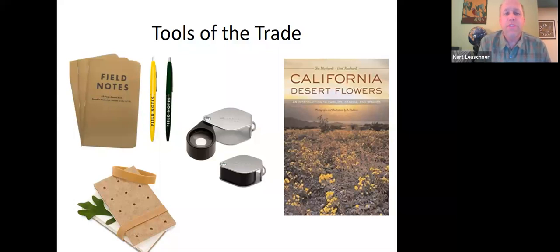These are some of the things that wildflower enthusiasts and botanists carry with them at all times: a field notebook, something to write with, a magnifier to look at things closely, maybe a little plant press. Now, of course, in the national park, we can't collect anything, so we're not going to be pressing plants on Saturday or Sunday. We'll just take pictures of them.